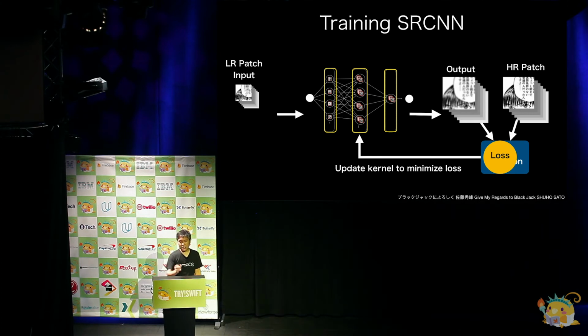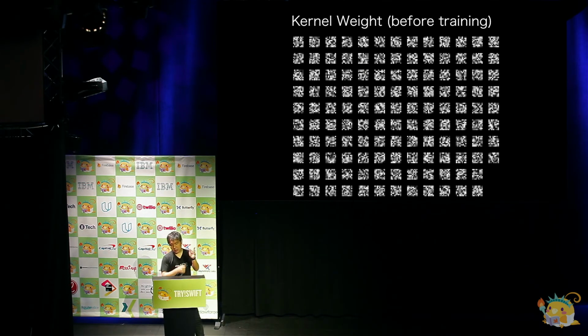This loss is transmitted to each kernel of the model, and the weight of the kernel is finely tuned. By repeating this over and over again, the kernel learns to take the shape of a meaningful filter. Ultimately, they can be trained to a level where the FSRCNN can output an image relatively close to that of the training data.